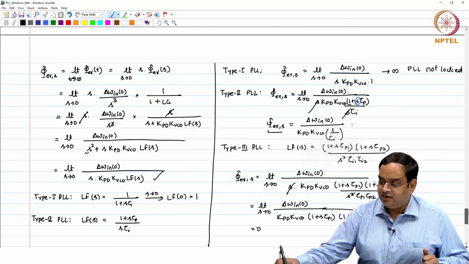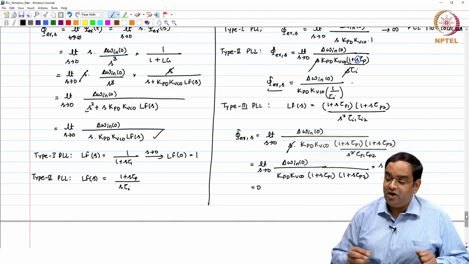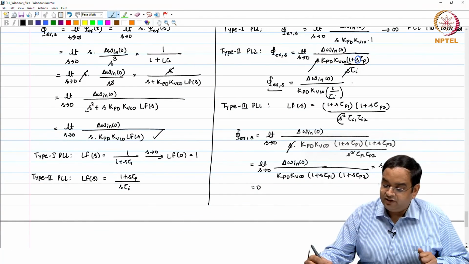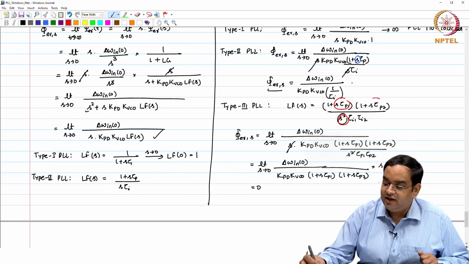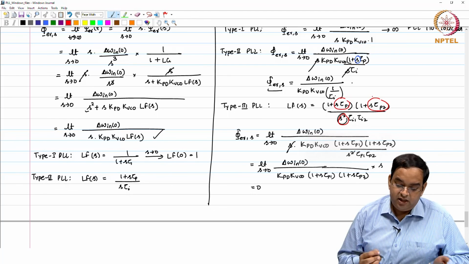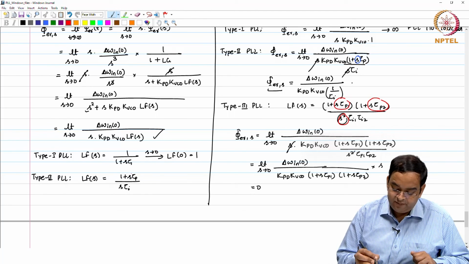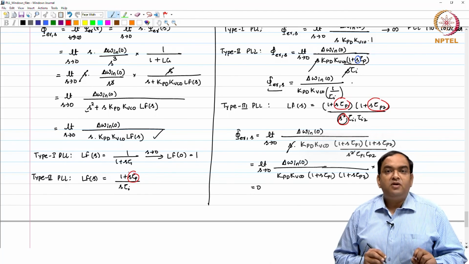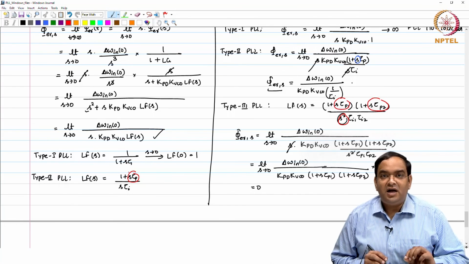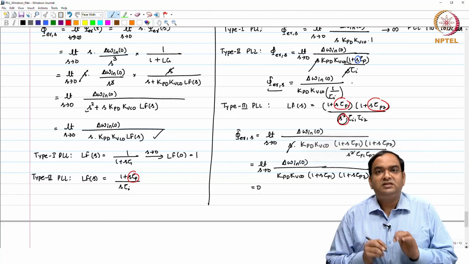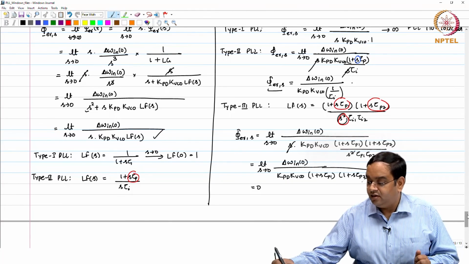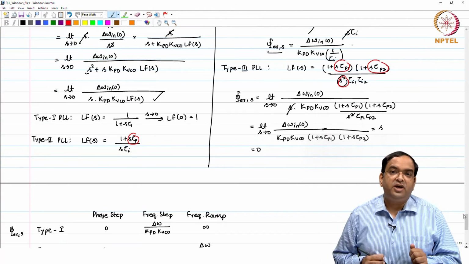Then you may ask, why did I not have only S square, why did I need to have S tau P1 and S tau P2? Similarly, for the case of type 2 PLL, why did I have S tau P? Well, all these things are required to stabilize the loop. We will see the stabilization in the upcoming sessions. Okay. Thank you.